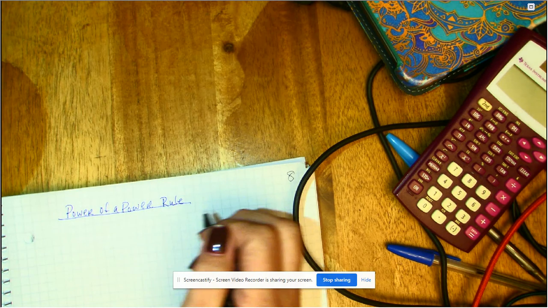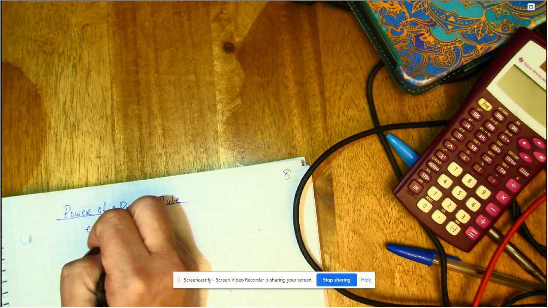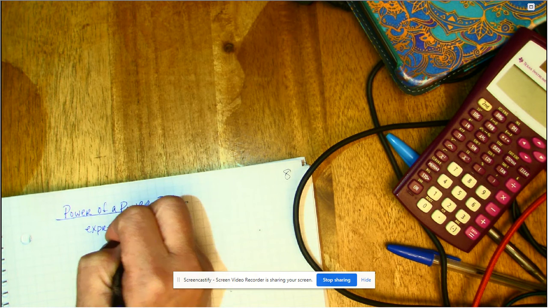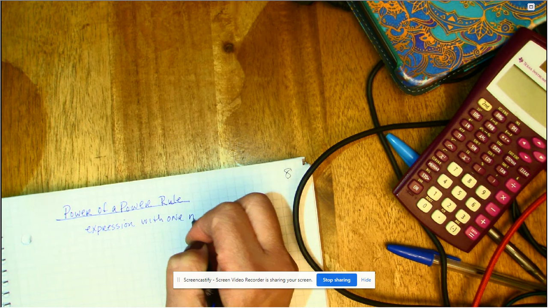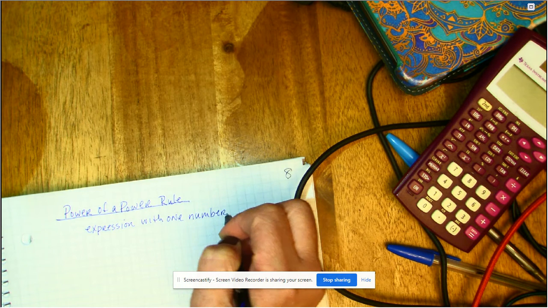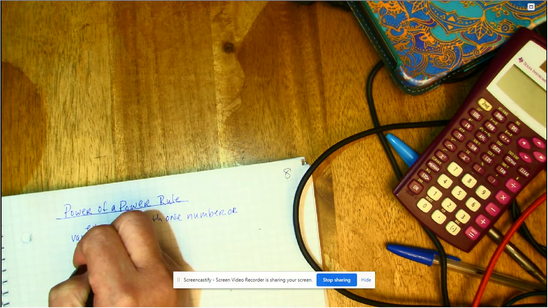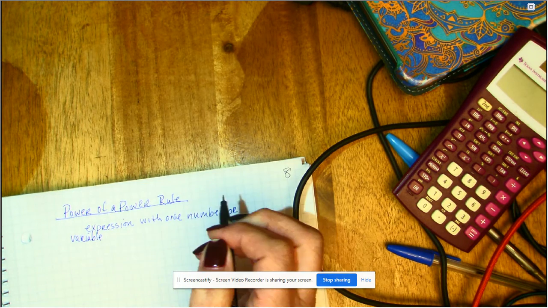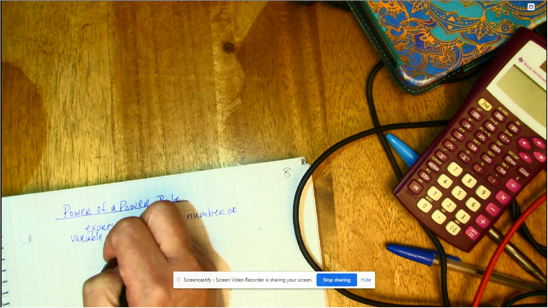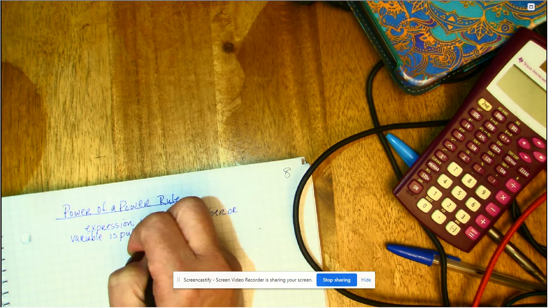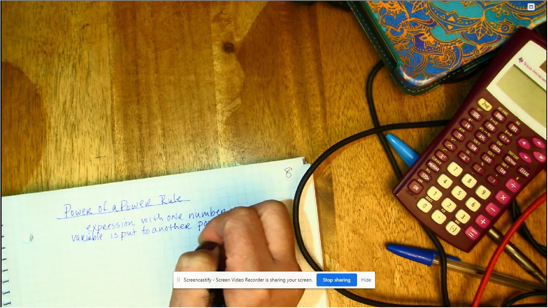So a power of a power rule occurs when an expression with one number or variable is put to another power.